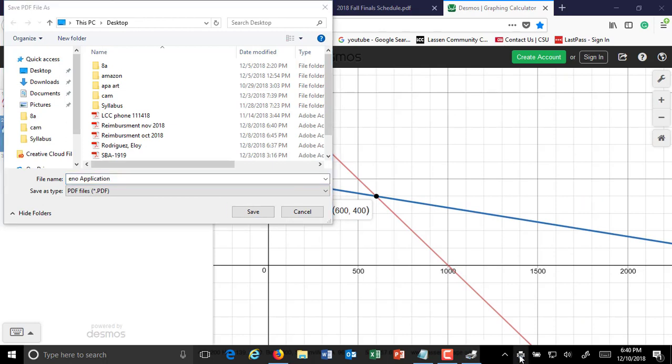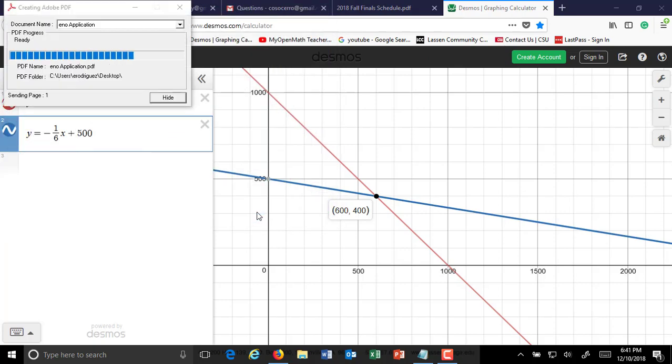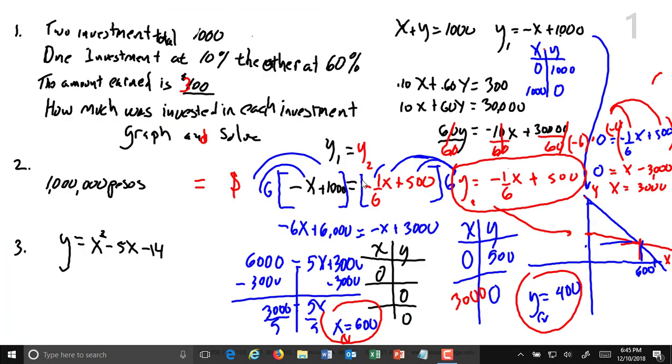Oh, there it is. Where do I want to save it? The desktop. Oh, now that's what I'm talking about. Now I see I'm an expert.